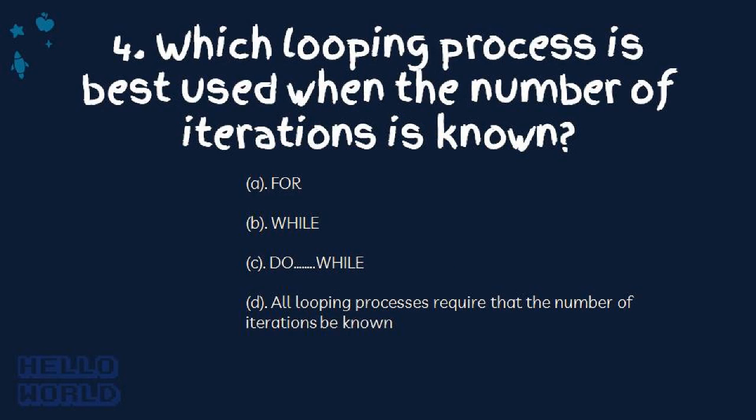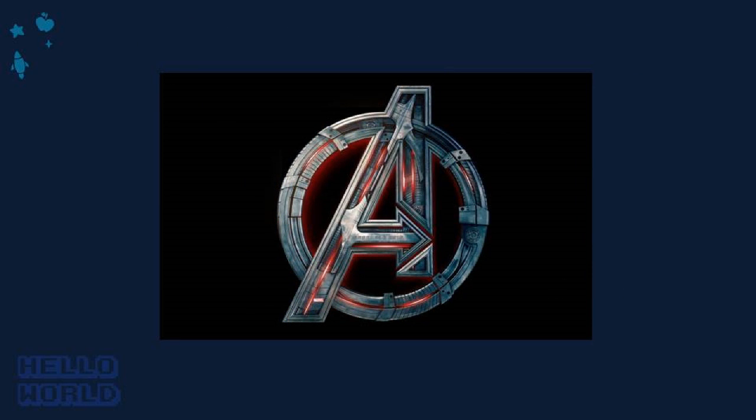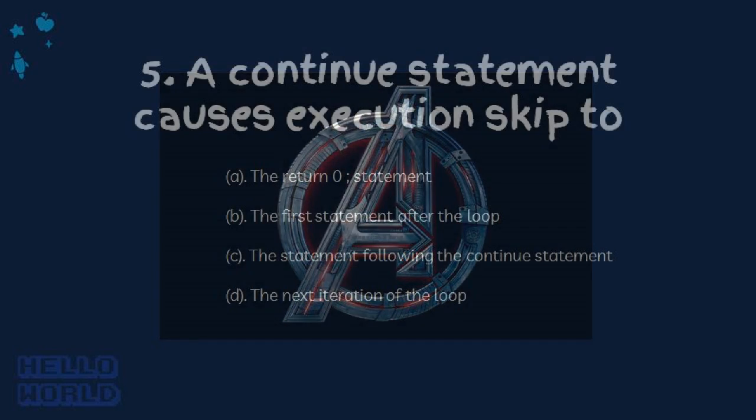Which looping process is best used when the number of iterations is known? Option A, for. Option B, while. Option C, do while. And option D, all looping processes require that the number of iterations be known. The answer is option A, for loop.